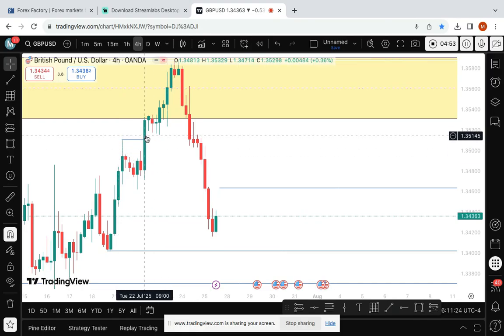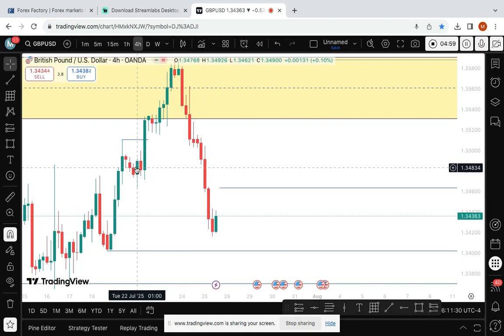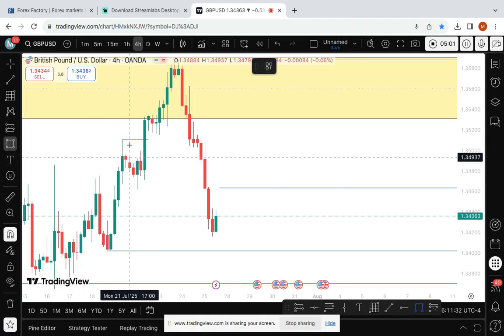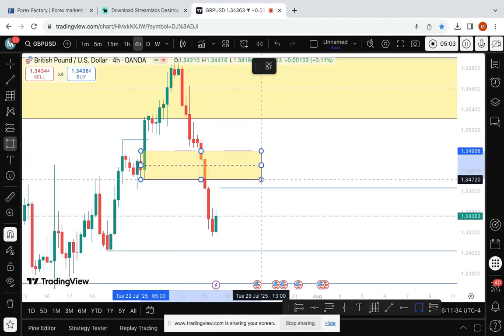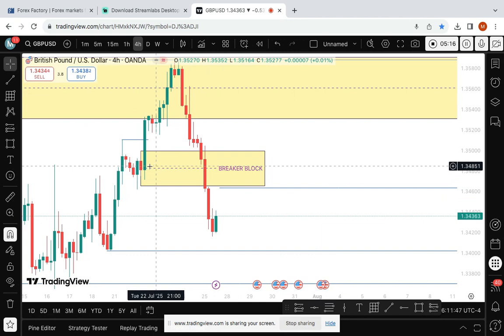Initially price was supposed to give us support if it came here, but unfortunately the price came and closed below over here. So this was a serious displacement, and what we are having here is a breaker block. So you might have a rebalance.